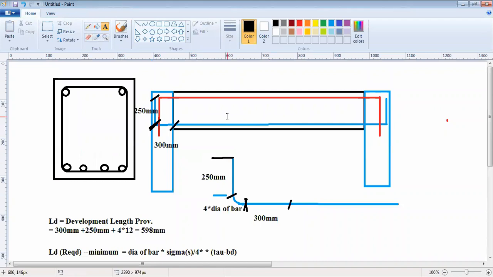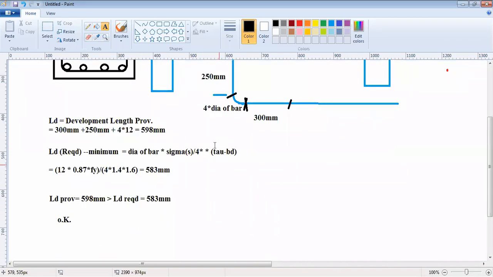Similarly, you can design for compression bar. You can take any value initially, but you have to take a greater value for compression bars. Now, how do the stresses actually occur in the supports? For example, this is the support and this is the beam.